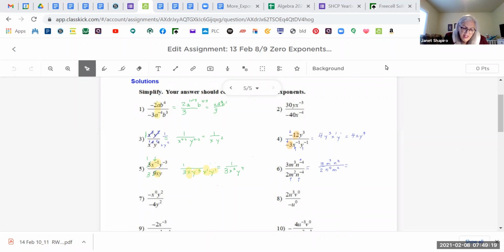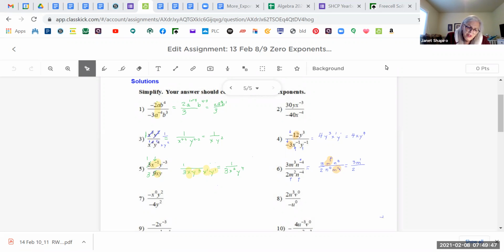And now I can simplify this. I still have my 3 over 2 with my m's. I have them here and here. There are more m's in the numerator, so my answer is going to stay in the numerator. And 3 minus 2 is 1. My n's, I have n to the 4th over n to the 4th.